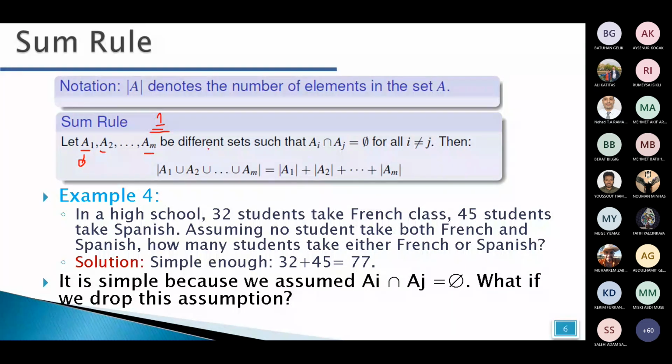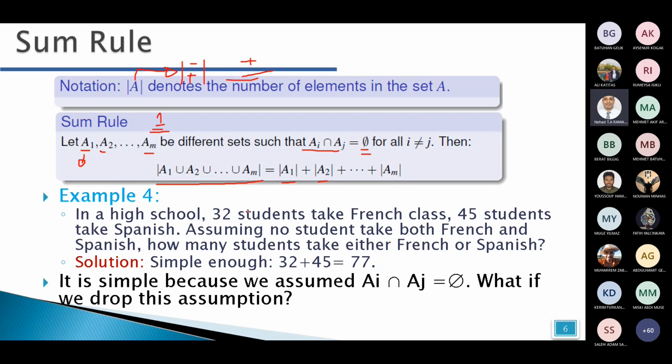These different sets means the intersection equals phi, there is no intersection. So the union of them is actually the summation. The absolute value means minus or plus; it becomes plus. There is no minus ways actually. Okay, so let's take this example.